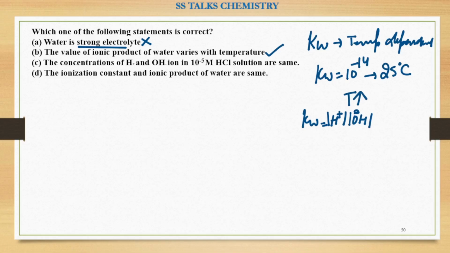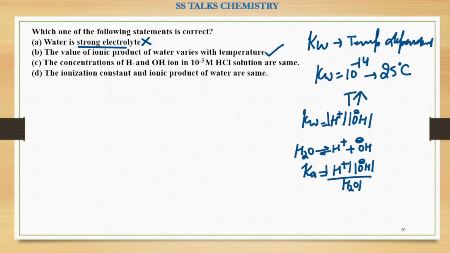How have we got this Kw? Water dissociates like this, into H positive plus OH negative. If you write the dissociation constant of it, it is H positive into OH negative concentration upon the water concentration. If you take this water concentration to the Ka side, Ka into the water will be equal to H positive into OH negative, right?